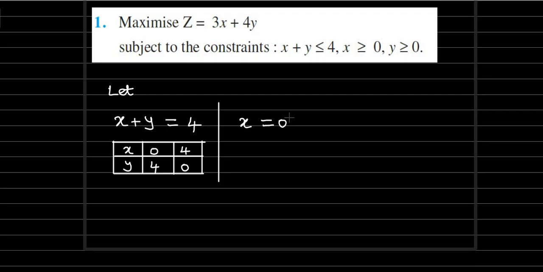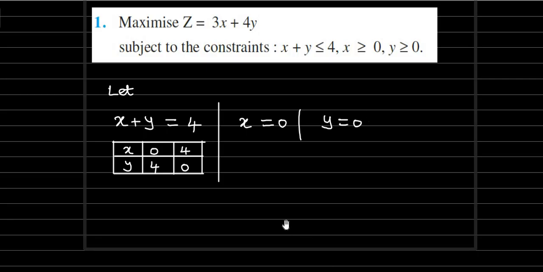Where we have x values as 0 at the y-axis, the complete y-axis will be the line of x equal to 0. And the other one, y greater than or equal to 0 we have. So y equal to 0 is the complete x-axis line.